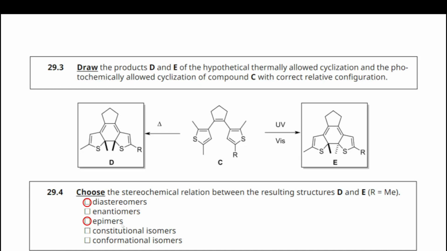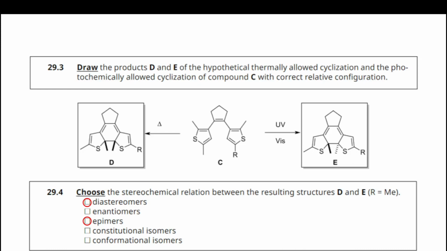I would forget this term, so I remind you that it means 2 isomers whose configuration is different in one of the centers. So that's what we have here. Here and in that place we have different configuration.